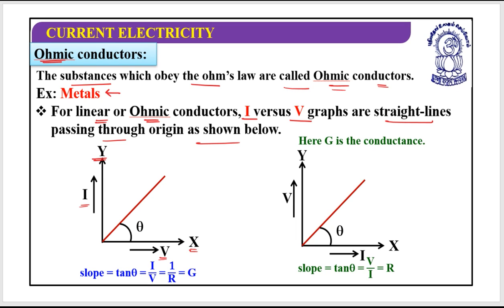If I take the slope of this, the slope is delta y by delta x, so here it is delta I divided by delta V. It's 1 by R, and as we know, 1 upon resistance is conductance, so it is G. If I plot the graph the other way, with potential difference on the y-axis and electric current on the x-axis, it's a constant slope, and the slope would be the resistance.